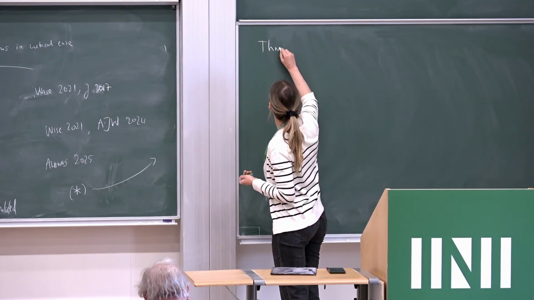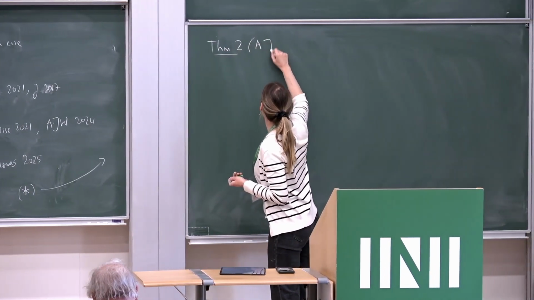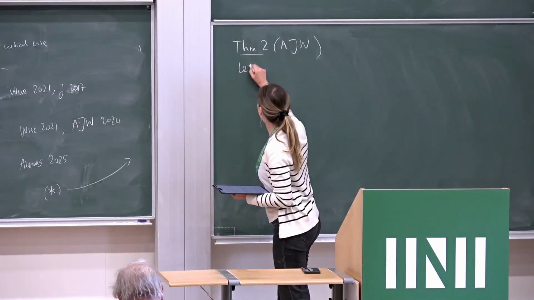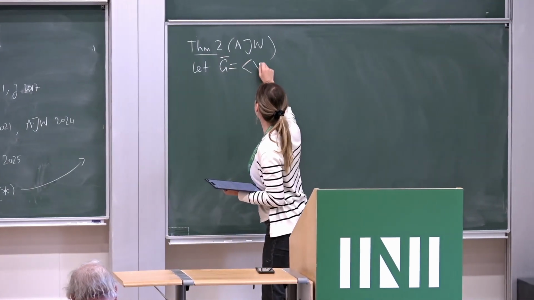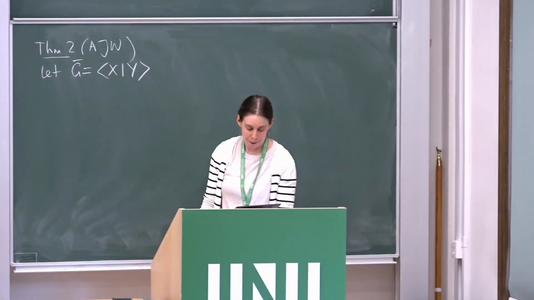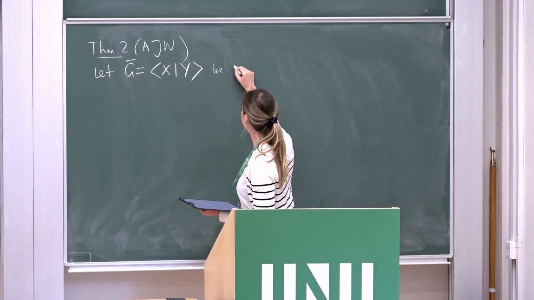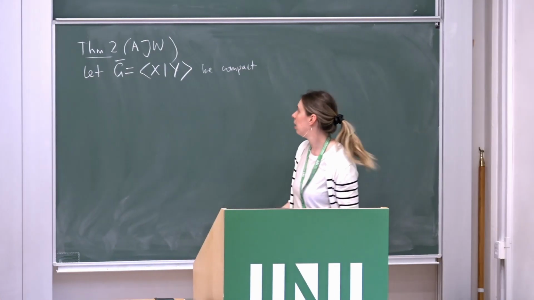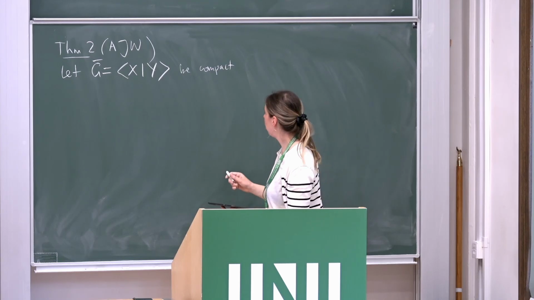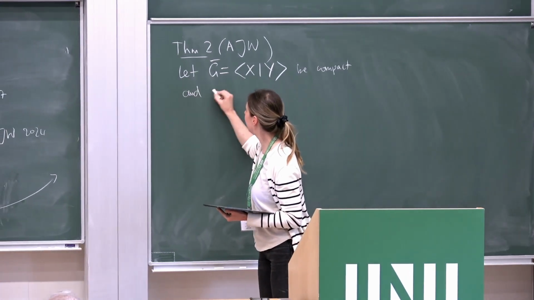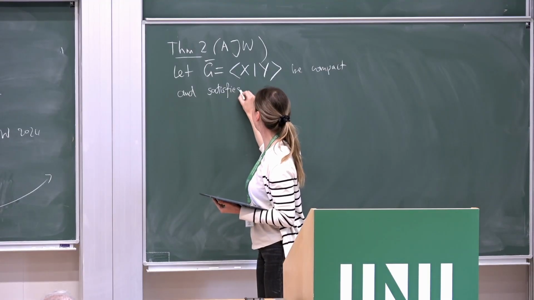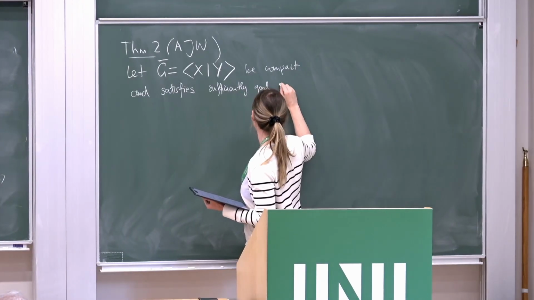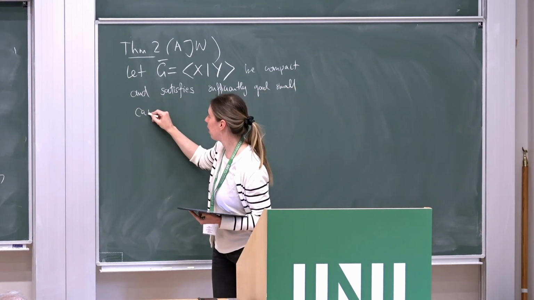Here is theorem 2. So if I assume now that I have my group that is given by some cubical presentation, I'm assuming it's compact, which means that both of those complexes are compact, and satisfies sufficiently good small cancellation conditions, but I'm not going to actually tell you which ones.